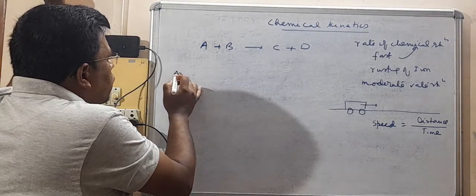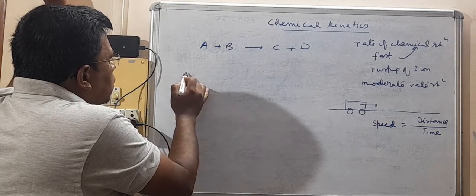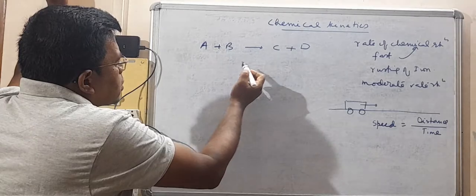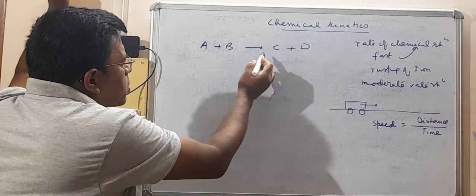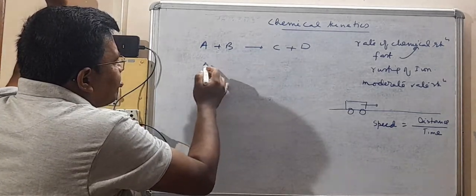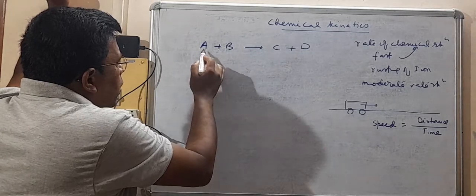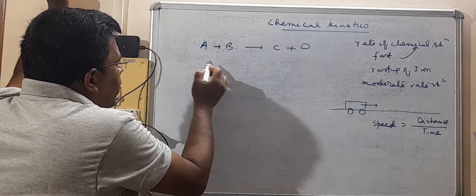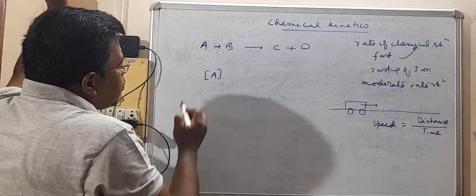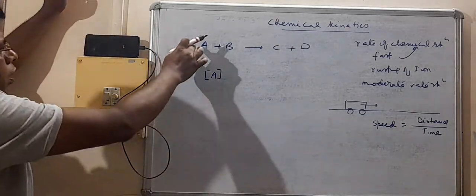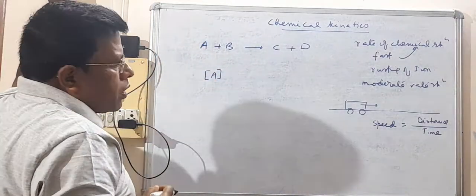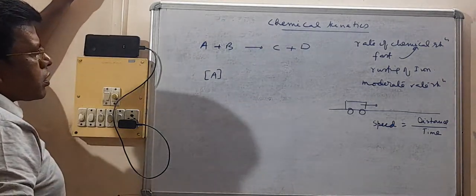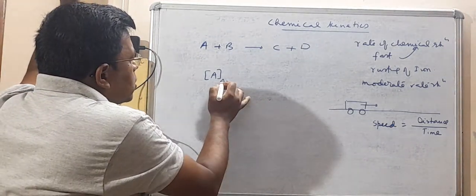The rate of a chemical reaction can be explained this way. But before that, suppose the concentration of A at the start of the reaction, before the reaction starts, is A naught.